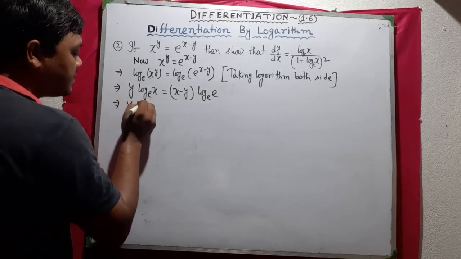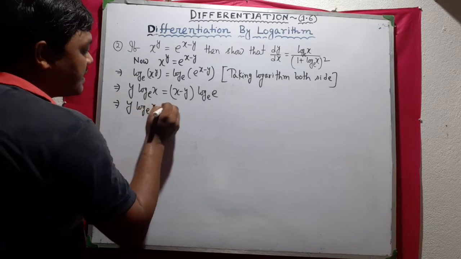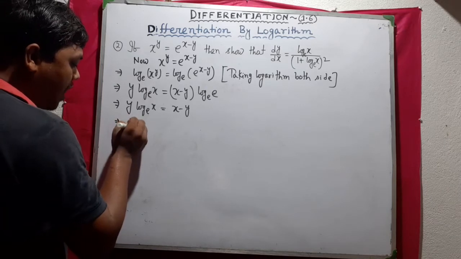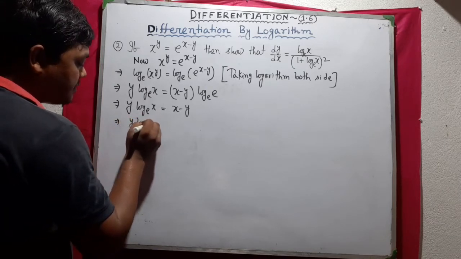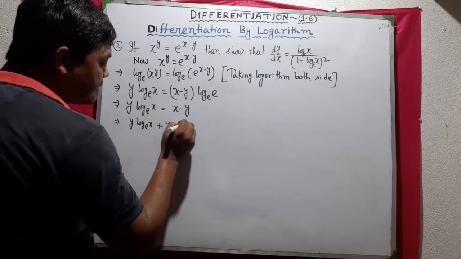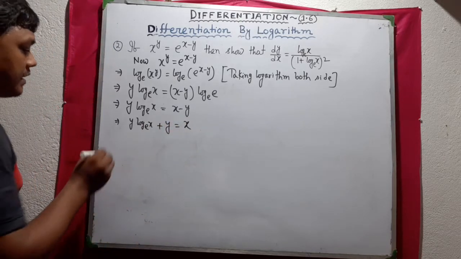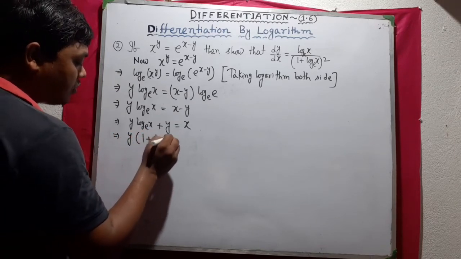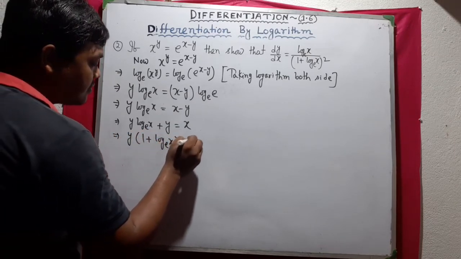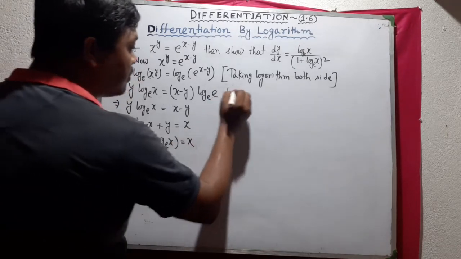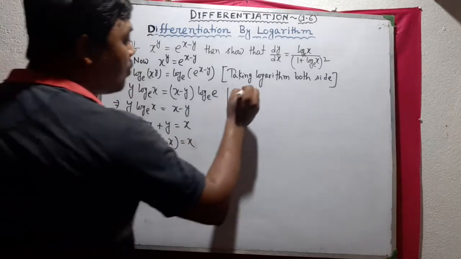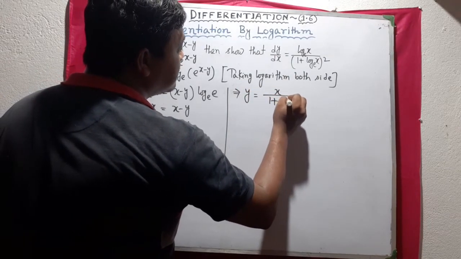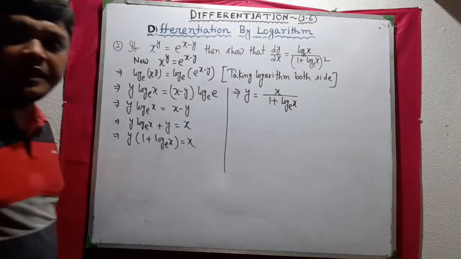If we simplify, y log x base e equals x minus y, so y log x base e plus y equals x. Taking y common, y (1 plus log x base e) equals x. So this implies y equals x by (1 plus log x base e).